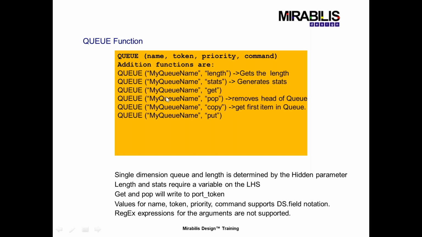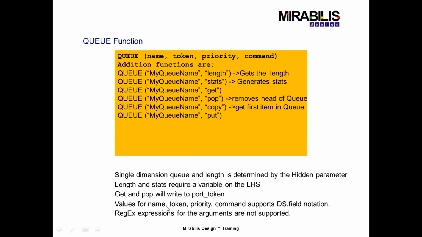The queue function has a lot of functionality in it, like length, stats, get, pop, copy, put. A couple of things: get, pop, and copy don't need anything on the left-hand side. Length and stats do require something on the left-hand side.